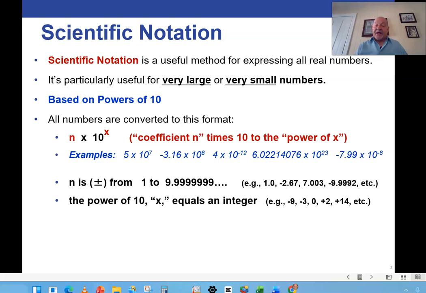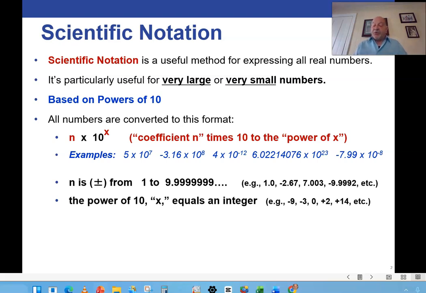And we'll get to that in a minute. Negative 3.16 times 10 to the 8. That's actually equal to negative 316 million. 4 times 10 to the minus 12. That's an incredibly small number. That's a number where it's 0 point and then 11 zeros, and the 4 starts in the 12th position after the decimal place.